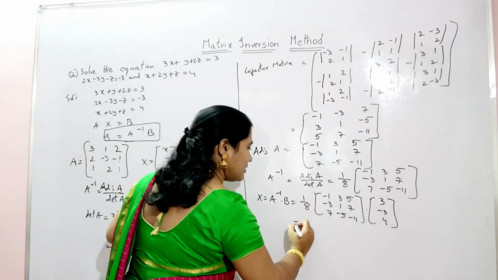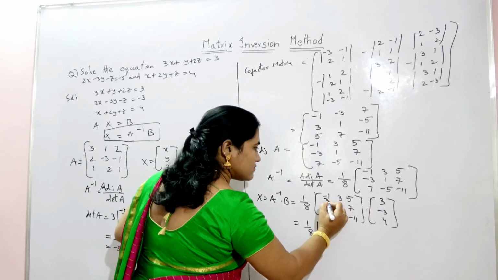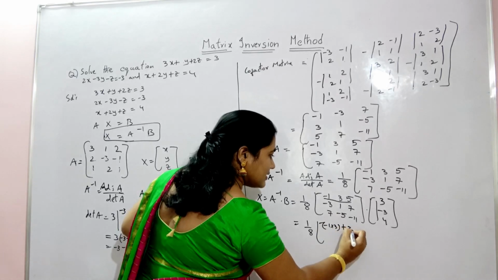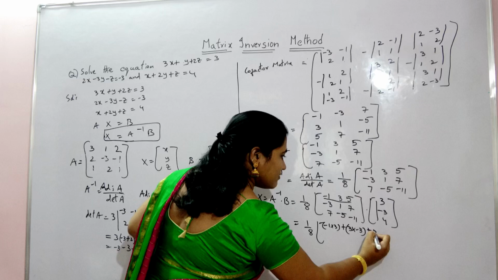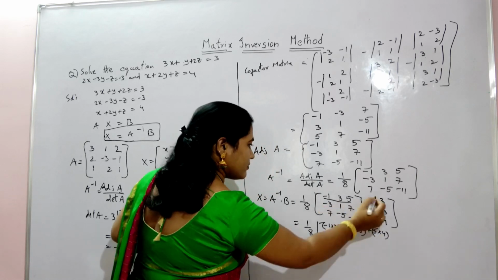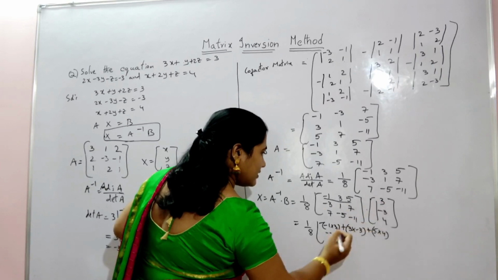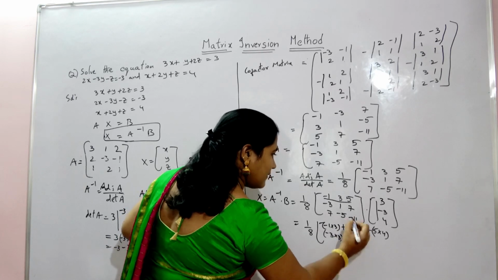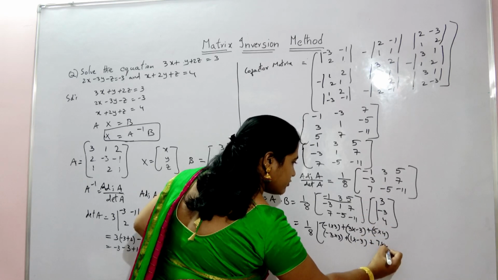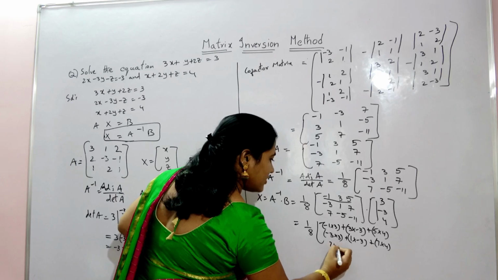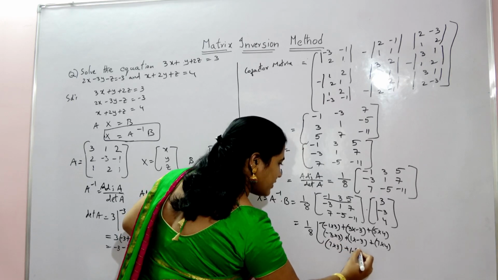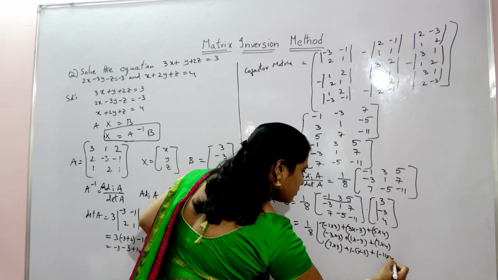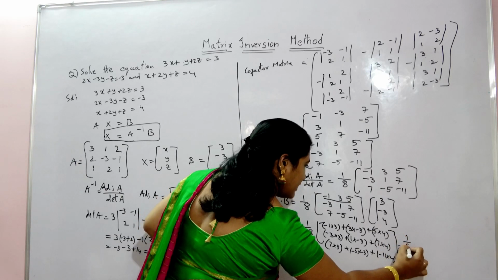By multiplying: -1 into 3 plus 3 into -3 plus 5 into 4, then -3 into 3 plus 1 into -3 plus 7 into 4, and 7 into 3 plus -5 into -3 plus -11 into 4.